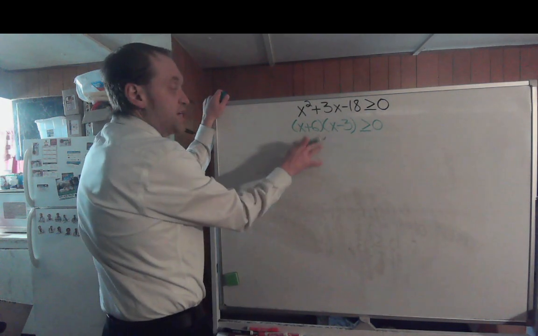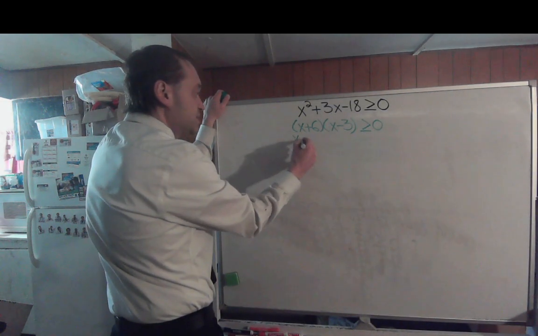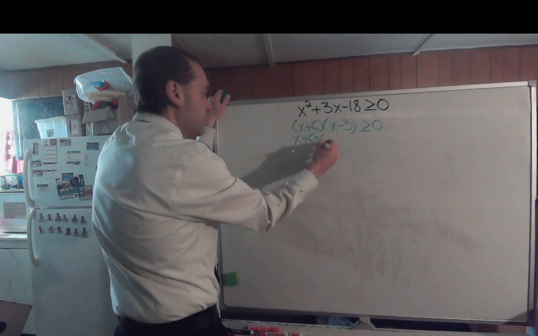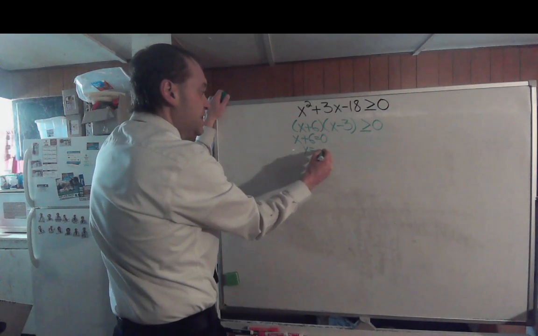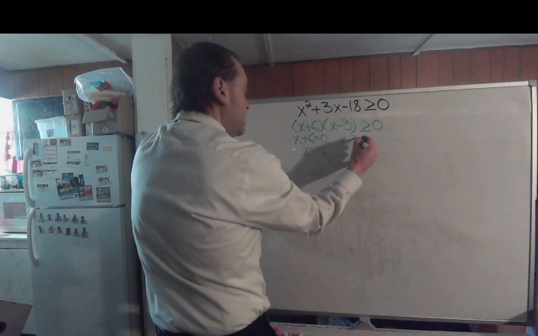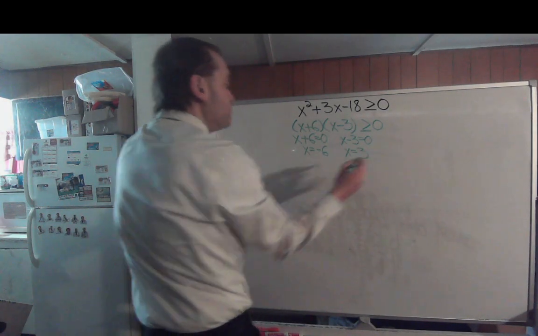So now pretend like this is an equality equal to 0. Just set each of your x factors equal to 0. So x plus 6 equals 0 would give you x equals negative 6, right? Then you have x minus 3 equals 0, which means x equals 3.